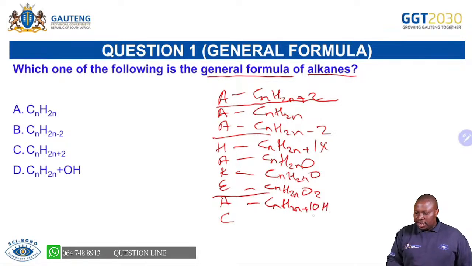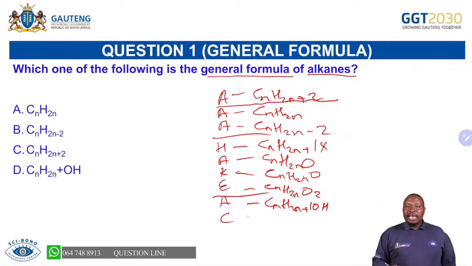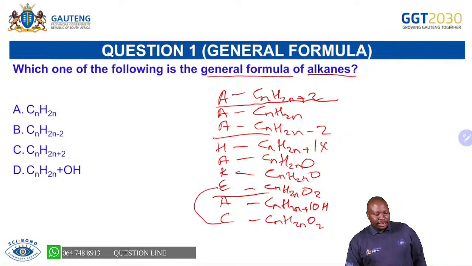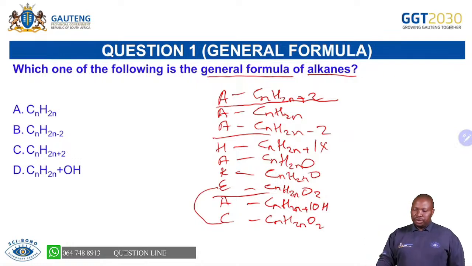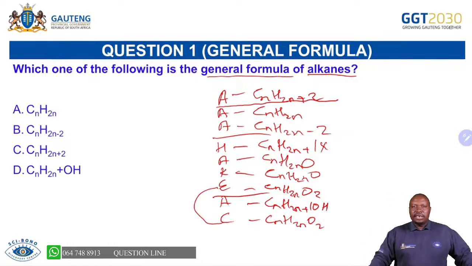So we're just replacing 1 hydrogen with the OH. Hence, it becomes like that. Then lastly, we have your carboxylic acid, which we said is CnH2nO2. Remember, we said these 2 are functional isomers because all of them, they have 2 oxygens. And they are the only organic molecules that we deal with that have 2 oxygens, carboxylic acids and esters.